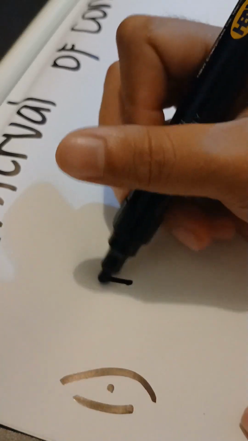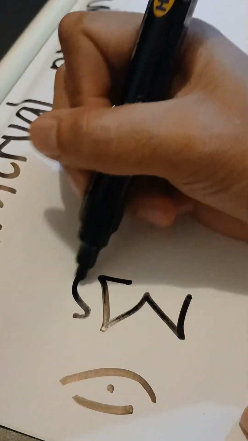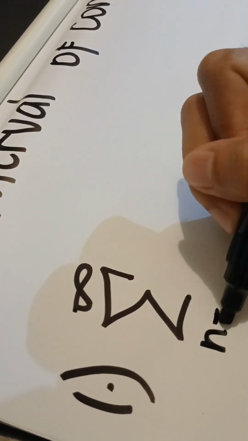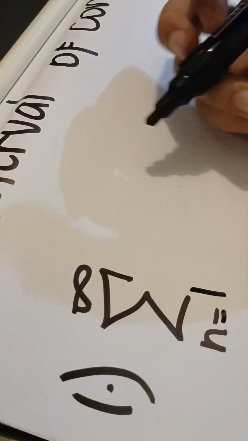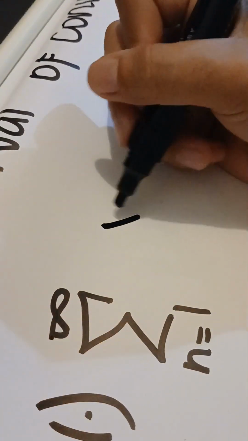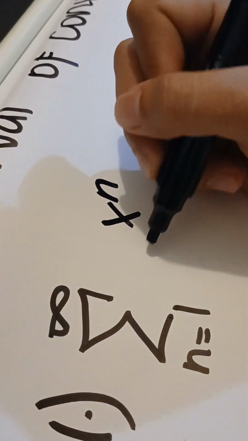So now let's find the interval of convergence of the series from n equals 1 to infinity of x raised to n over the square root of n. We'll use the ratio test.